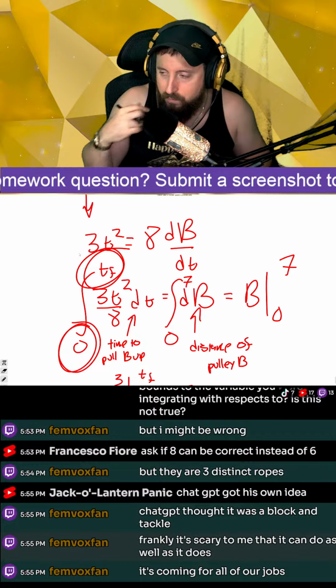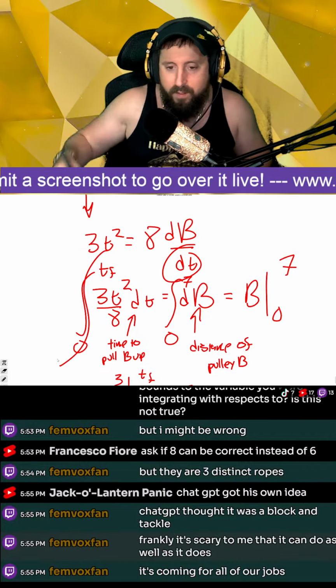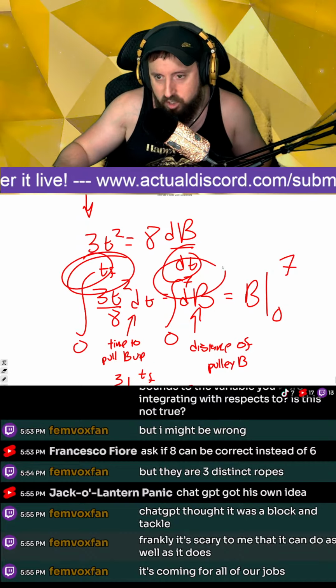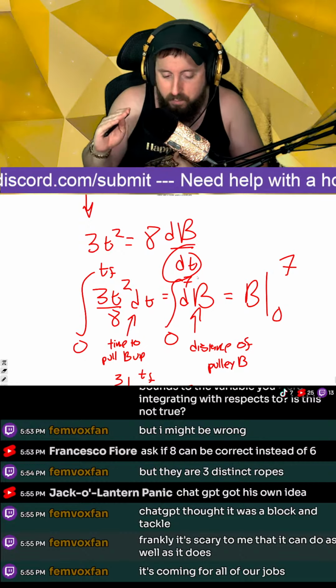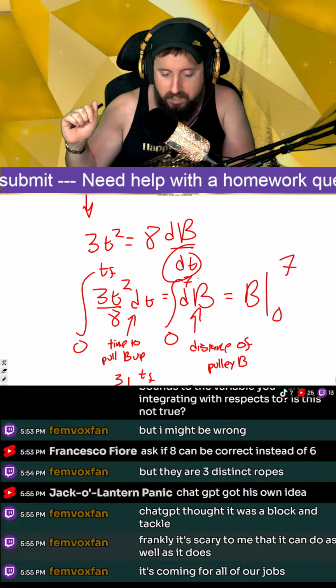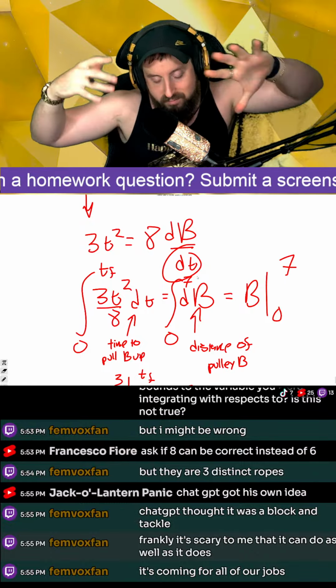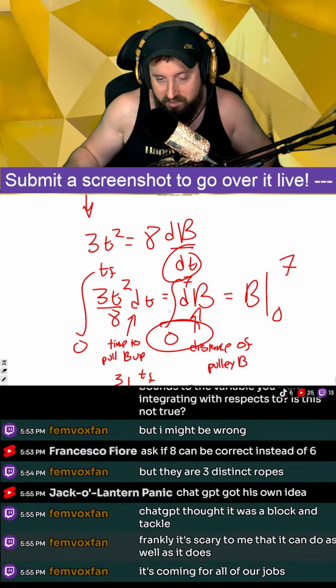This is a common thing you'll do in physics. You'll integrate from the time when the position is at 0 to the time when the position is at 7. The key thing is that the starting point and the ending point of your integrand need to represent the same moment in the question. So here 0 represented 0 distance.